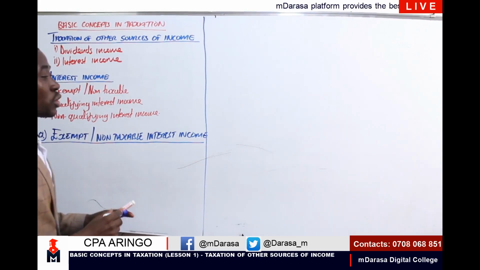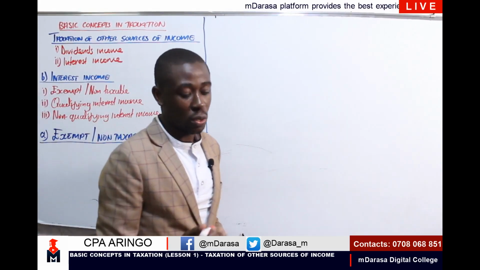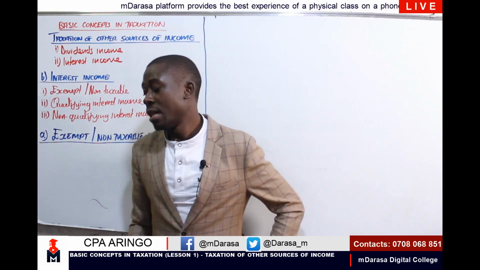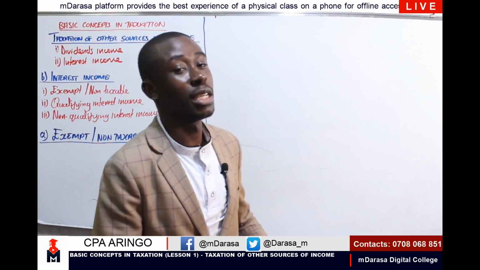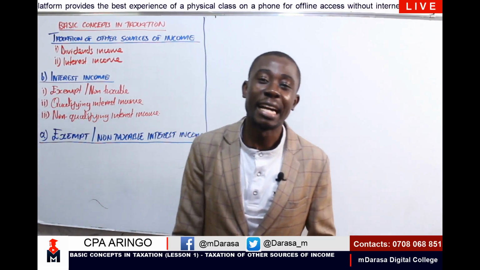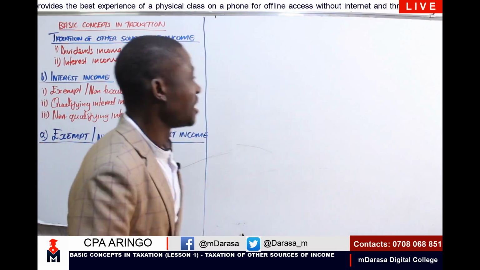Anytime you are talking of non-taxable income, my good students, simply we are looking at interest that will not be subjected to any form of tax. That's why we are saying that they are not taxable. Interests that will not be subjected to any form of tax are what we are referring to as non-taxable incomes.